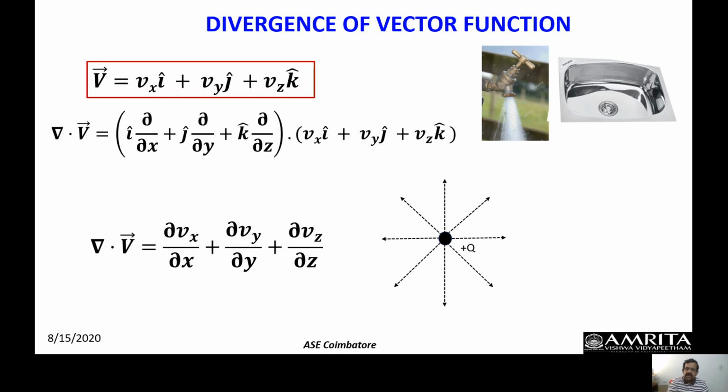Now, as far as electrostatics is concerned, we have a positive test charge, from where the field lines emanate and spread radially out, as shown here. We can calculate the divergence of this field, and we call it the electrostatic field because the charge is at rest. The divergence of this electric field, mathematically represented as del dot E, is given by what is known as the Gauss law.